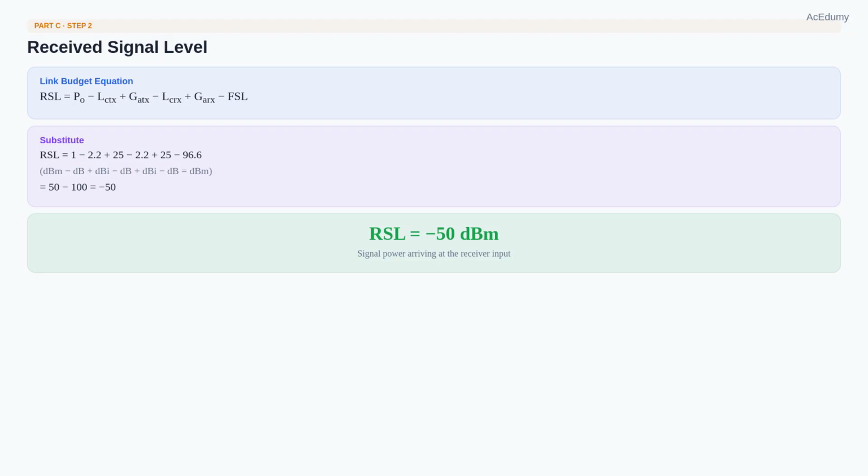PO is plus 1 decibel milliwatt, minus 2.2 decibels of cable loss, plus 25 decibel isotropic transmit gain, minus 2.2 decibels of cable loss on the receiver side, plus 25 decibel isotropic receive gain, minus 96.6 decibels of free space loss. Add it all up. 1 minus 2.2 plus 25 minus 2.2 plus 25 minus 96.6 equals negative 50 decibel milliwatt. That is the signal power arriving at the receiver.